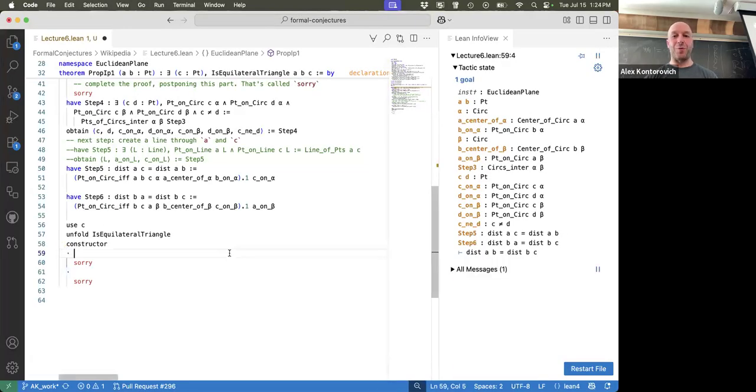At this point, you have to prove that the distance of AB is equal to the distance of BC, knowing everything that we know above. We're almost there. We're so close. What's the closest thing to the goal? Step 6. If we could somehow convert step 6 into the goal, we would be in good shape. So let me just copy these two things.